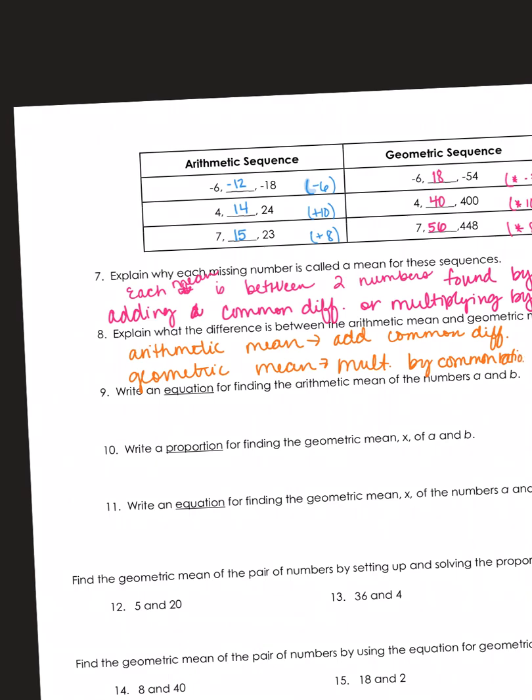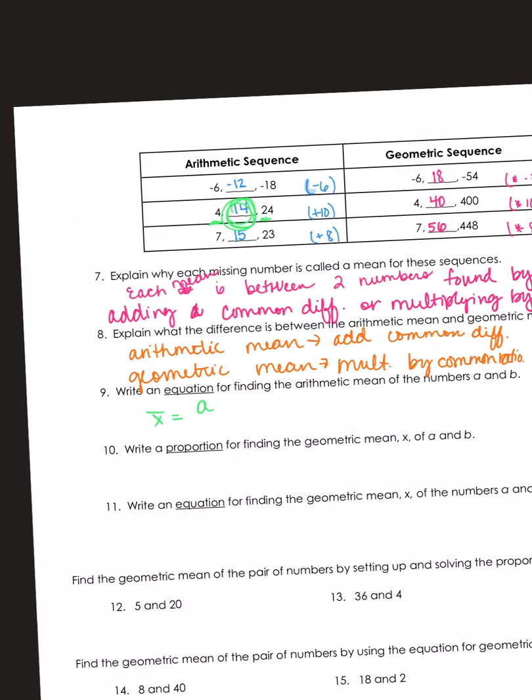Okay, so write the equation for finding the arithmetic mean of the numbers a and b. All right, so maybe you have already worked through this and figured this out, but the arithmetic mean, the number in the middle here, can be found by adding the two numbers that surround it, so the one in front and the one behind, and dividing by 2, right? You are already familiar with an arithmetic mean.